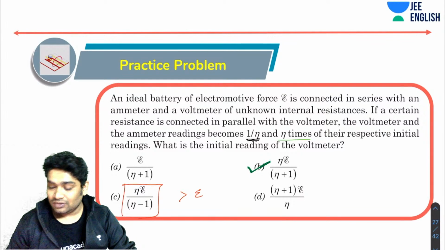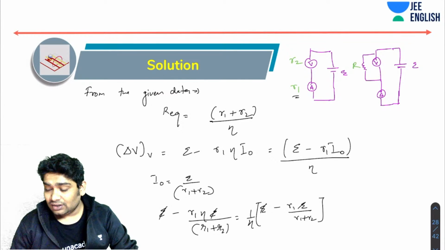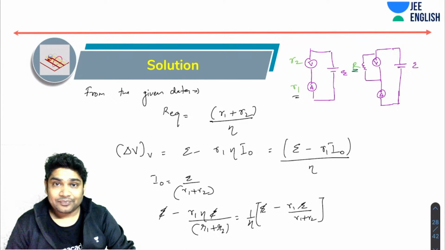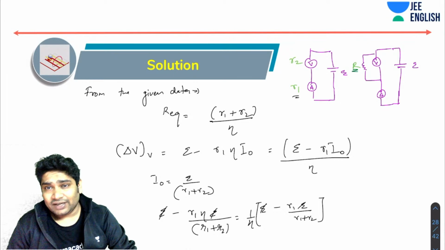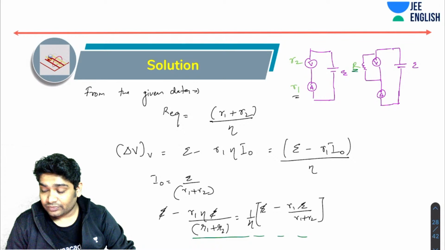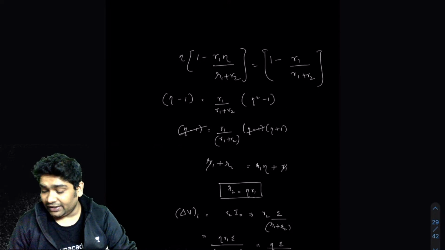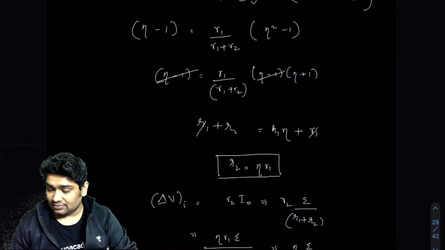I did not try to bother about the R that we are adding much. I only assumed R1 and R2 to be the resistances, and from the given data, I found a relation between the two resistances, and that finally gives us the answer as this.